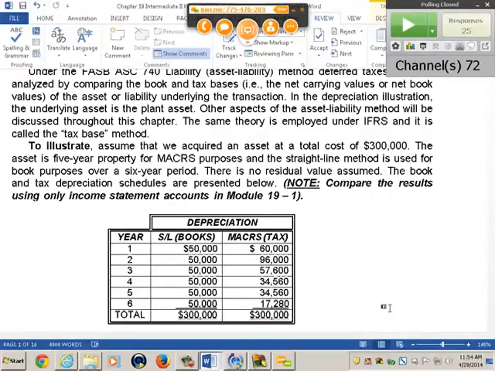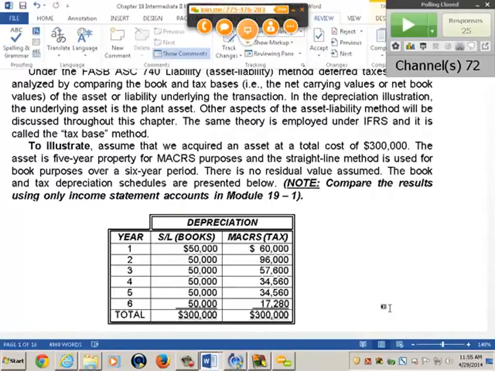And you would have depreciated the asset at 156. And of course, the cost of the asset, as we say in the narrative, is 300. The book tax difference in the first year is 10. And the second year is 46, I think. Yeah, it's 46. Just want to be consistent.